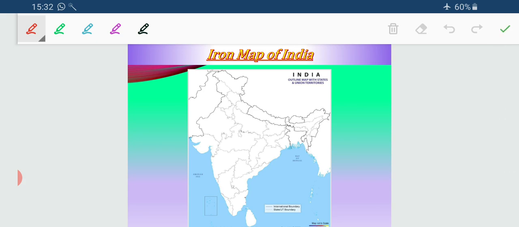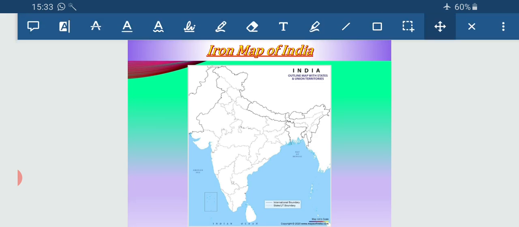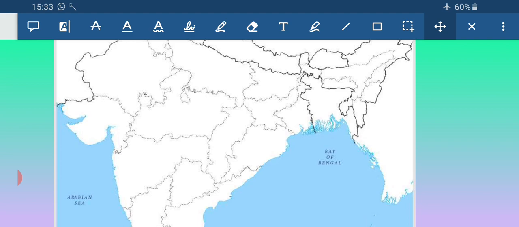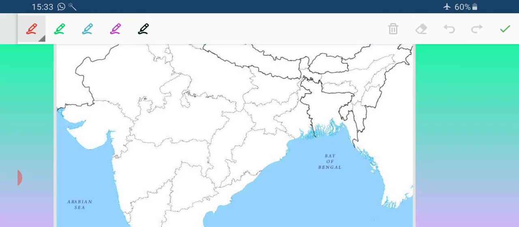Now the first important iron ore mine is there in the part of, I am just enlarging the map so it will be clear. Basically it is concentrated in a few states of central India only.